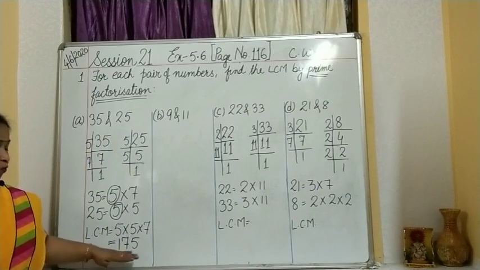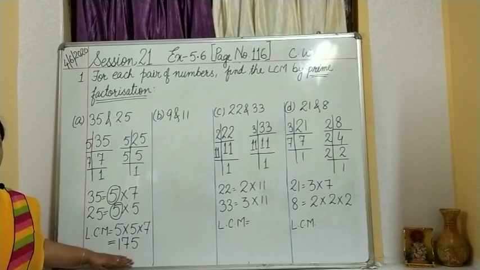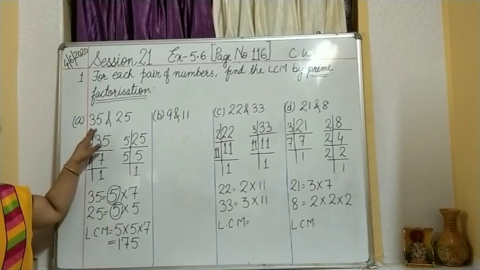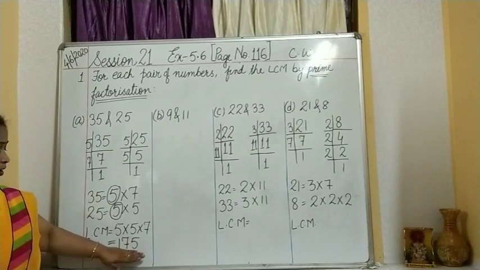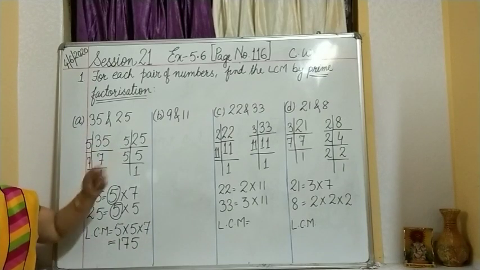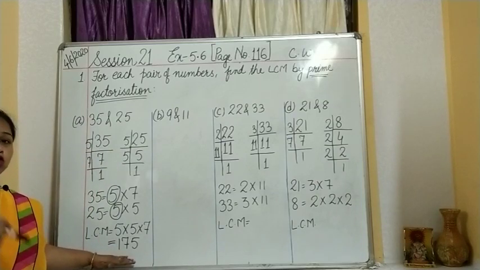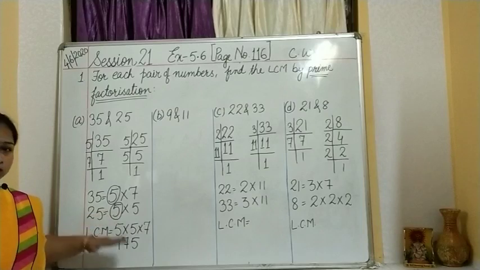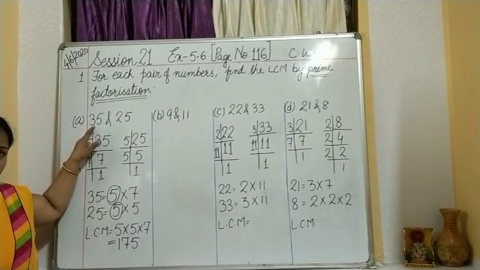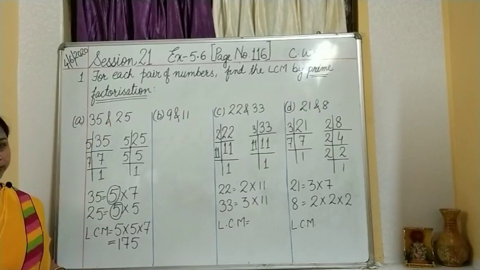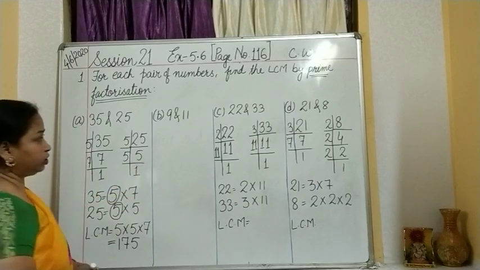When you divide 175 by 35, it will be divisible, and 175 divided by 25 will also be divisible. That is why we say this is the least common multiple, which is equally divided by 35 as well as 25. Move on to the next question.